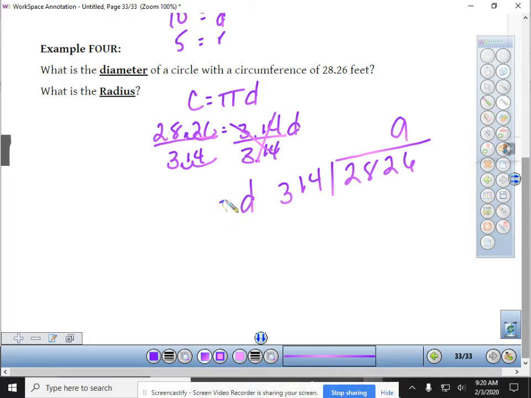It'll just be so repetitive. So what's the diameter? 9. What is the radius? 4.5. Good?